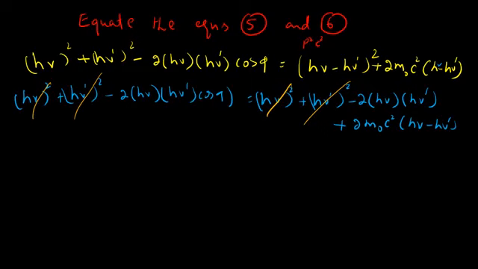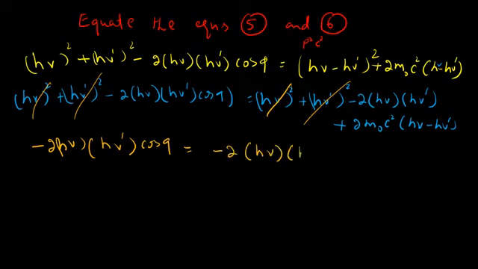So the remaining quantities are minus 2 h mu into h mu prime into cos of phi is equal to minus 2 h mu into h mu prime plus 2 m naught c square into (h mu minus h mu prime). Again we can cancel out the 2 because it is common to the whole equation.